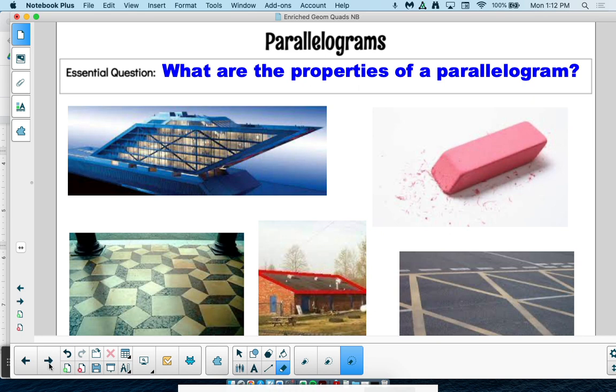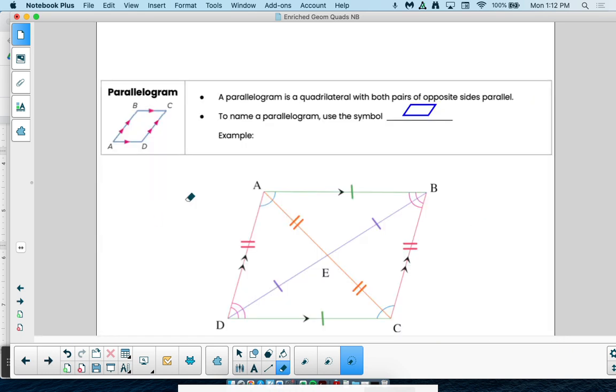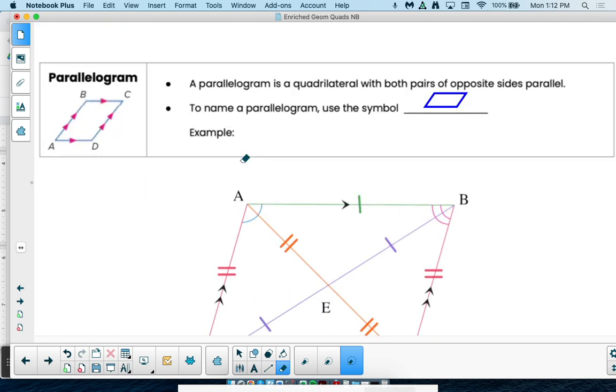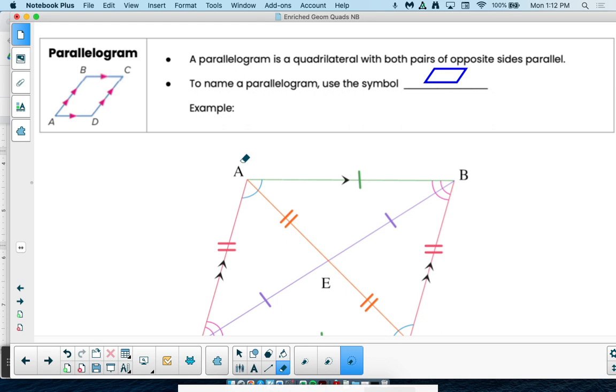But there are 5 specific, I'm ahead of myself. Okay, let's define what a parallelogram is. A parallelogram is a quadrilateral with 2 pairs of opposite sides that are parallel, hence the name parallelogram. You could spell out the word parallelogram when you want to name one, or you can use that symbol of a parallelogram. It's just a rectangle that's kind of pushed over.